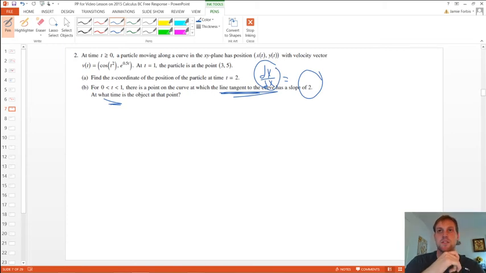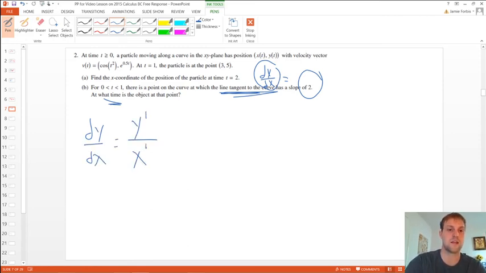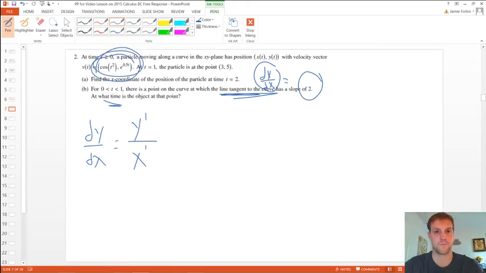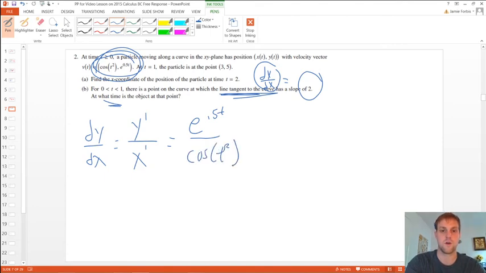And all you have to memorize is with parametrics, dy over dx is equal to y prime divided by x prime, which we're given right here. So that's equal to e to the 0.5 t power divided by cosine of t squared.